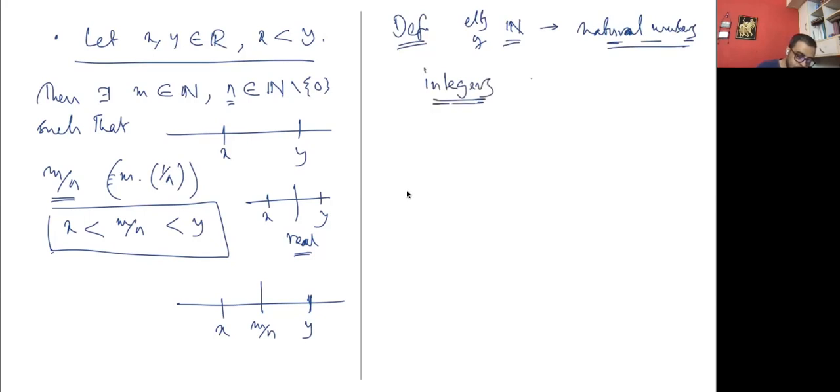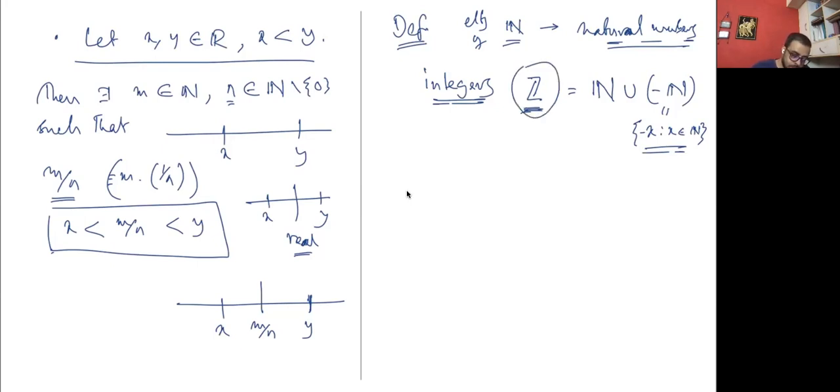Integers, the set of integers we will denote by Z, and this is N union minus N. So minus N is just a notation, it means just this set. So N together with negatives of elements of N together, you call them integers. Okay. Rationals, what are rationals?